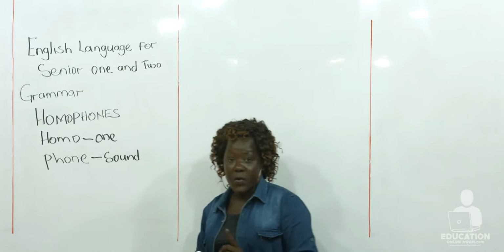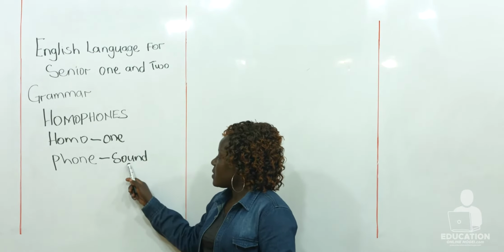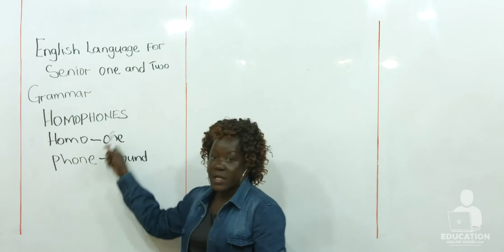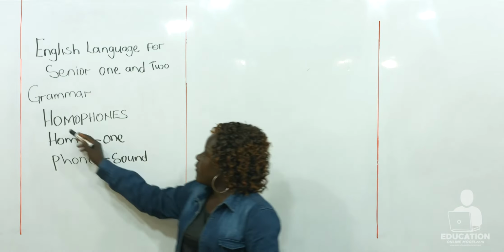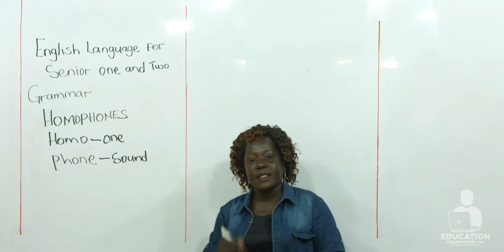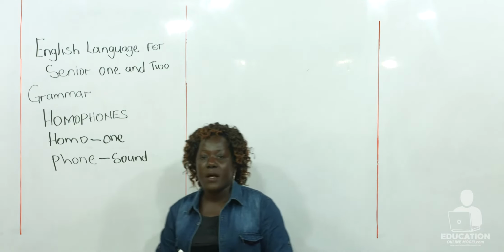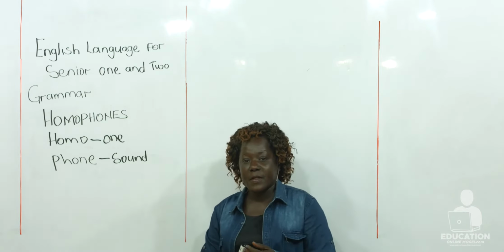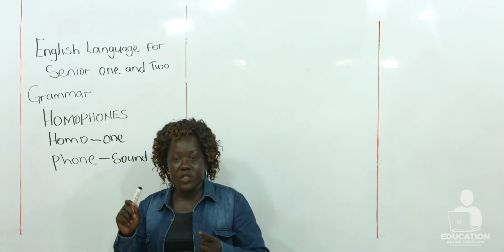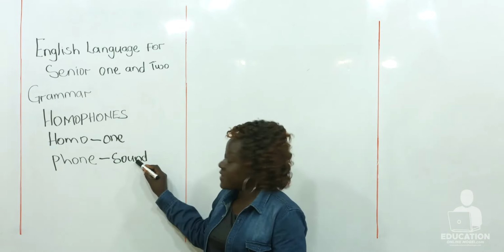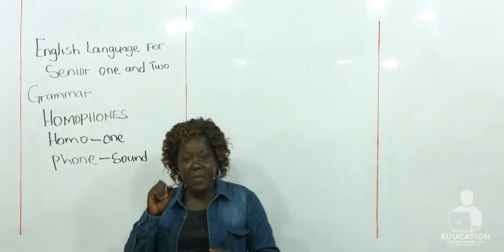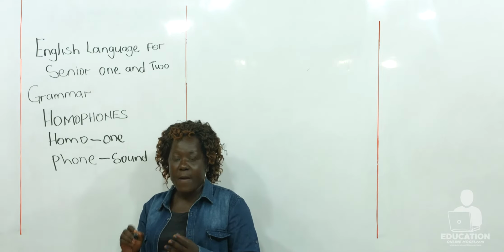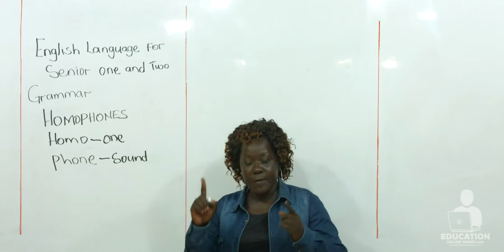Now, if homo is one and phone is sound, then homophones means the study of words that have the same pronunciation. The pronunciation bit of it is the sound. They may also have the same spelling or different spelling, but different meaning.